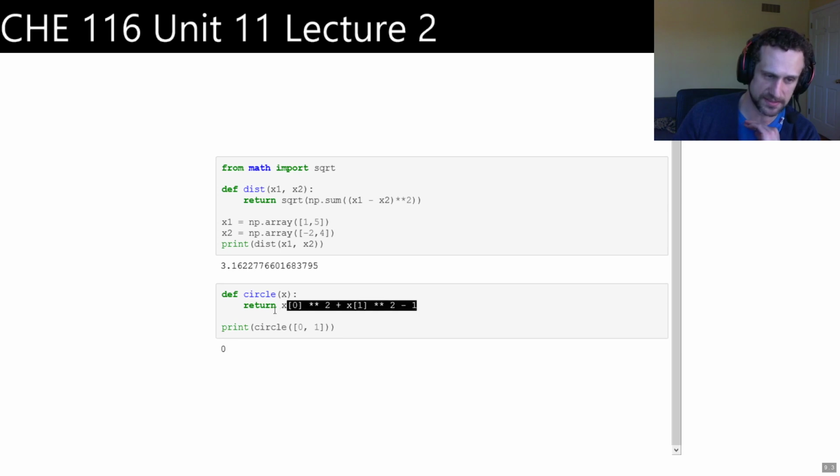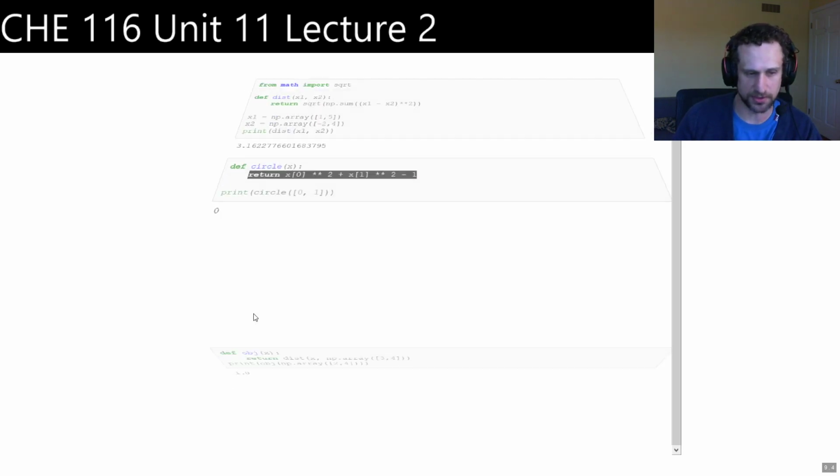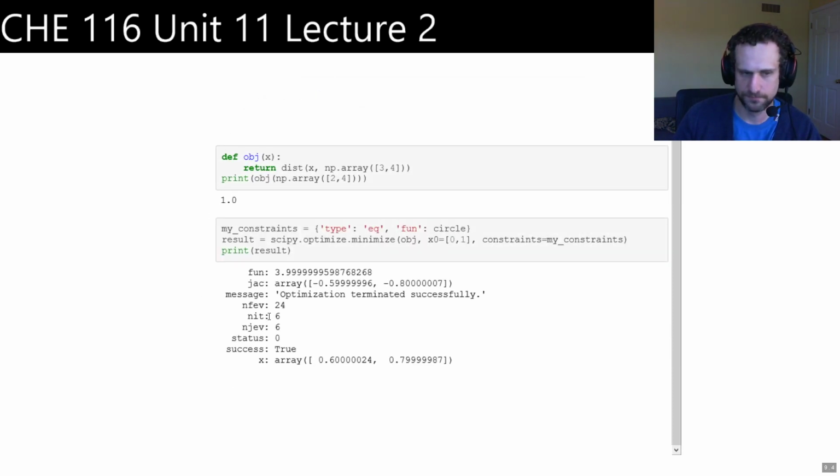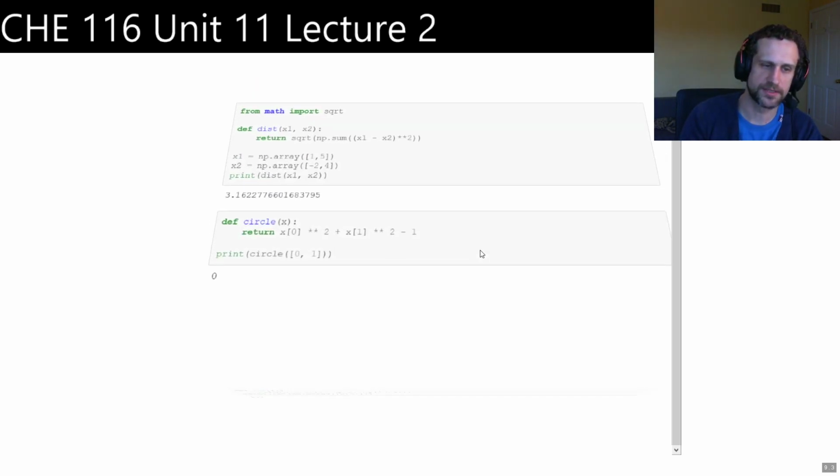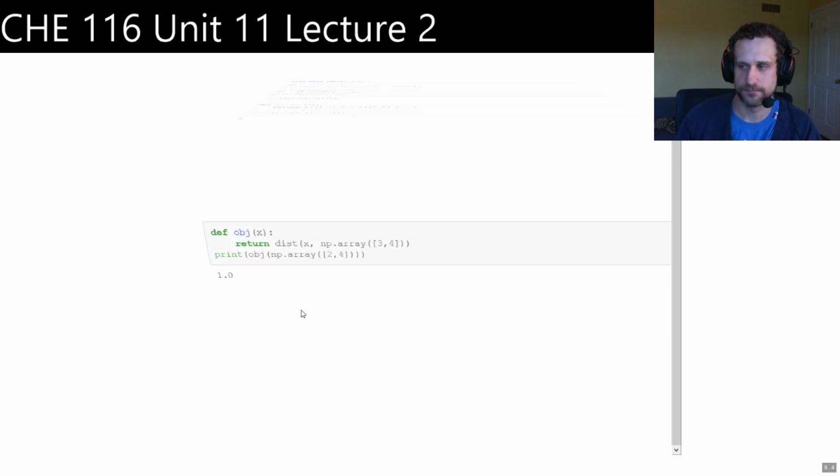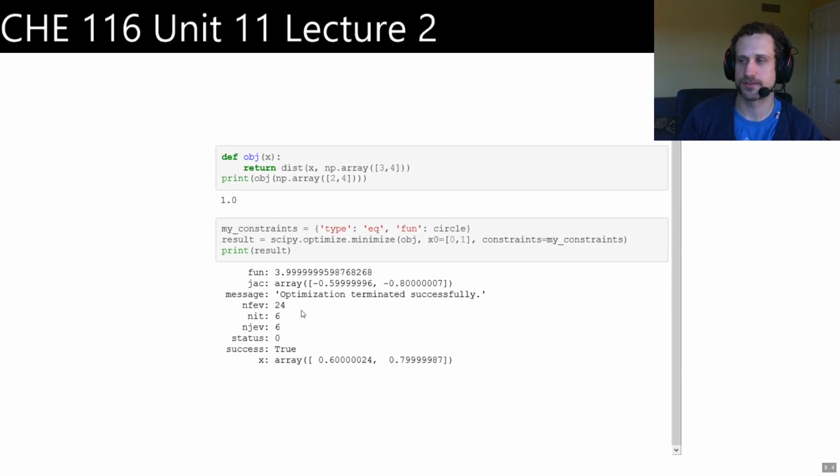That's the equation that needs to be 0 to satisfy my constraint of lying on the circle. So does that answer your question, Jeremy? Yeah, I wasn't sure if circle was like a keyword, but yeah, that makes sense. Yeah, it was this function I defined right here. Good question.